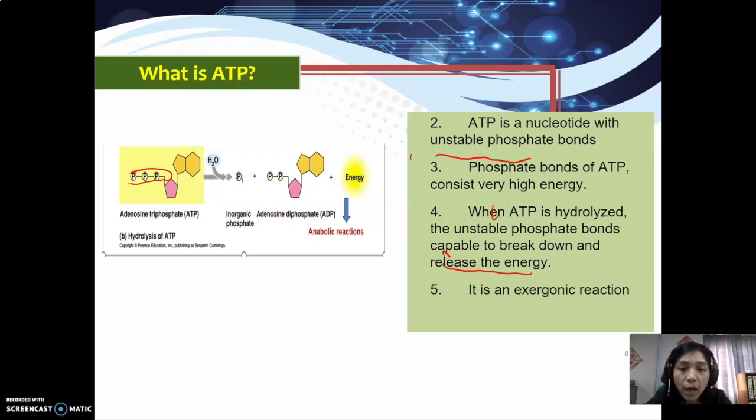So it is a kind of exergonic reaction. For example, ATP, which has three phosphates, when hydrolyzed, loses one phosphate group and remains with two phosphate groups, so it becomes ADP. It will release the energy.